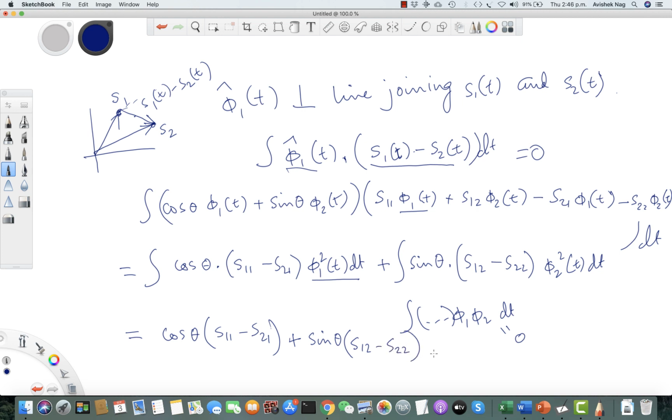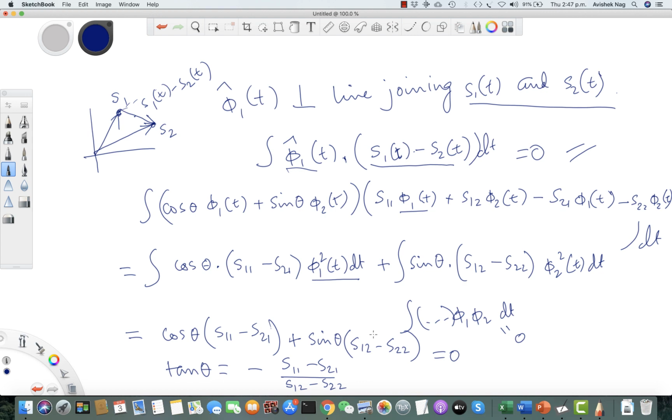This has to be 0 for phi 1 hat(t) to be perpendicular to the line joining these. So this can be written as tangent of theta equal to minus (S11 minus S21) divided by (S12 minus S22).